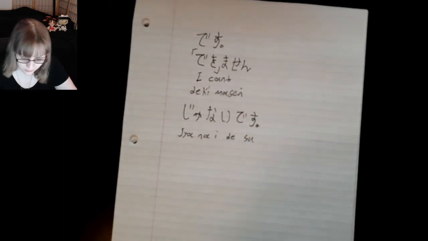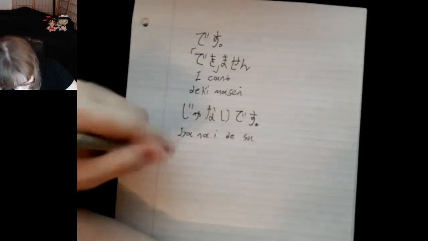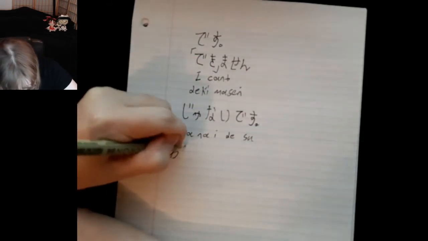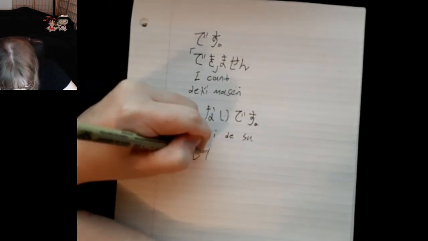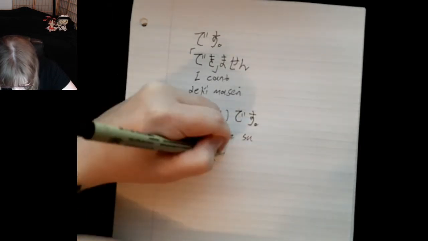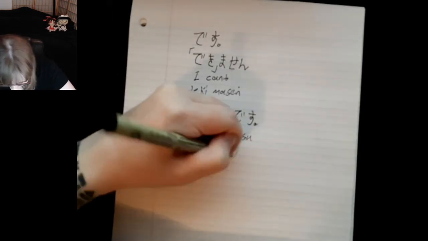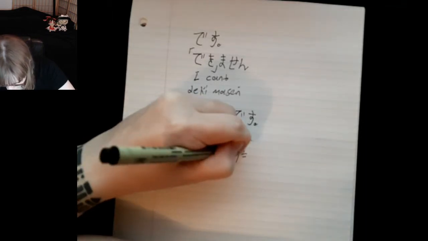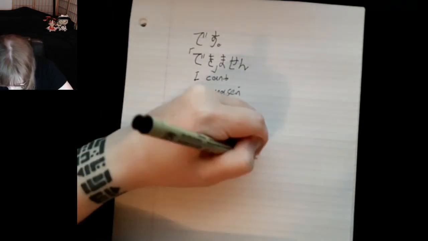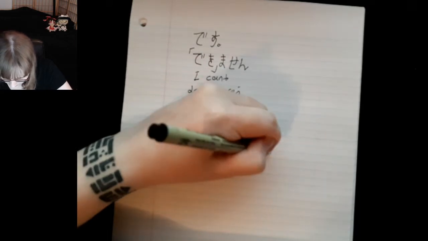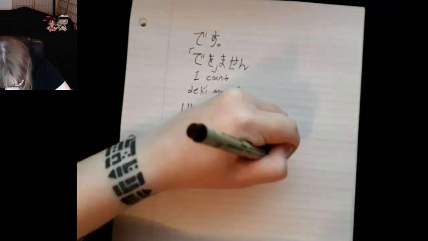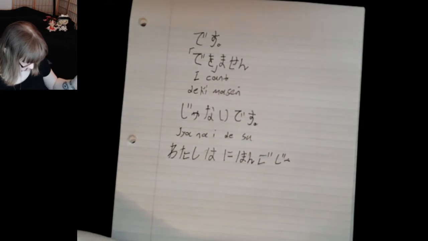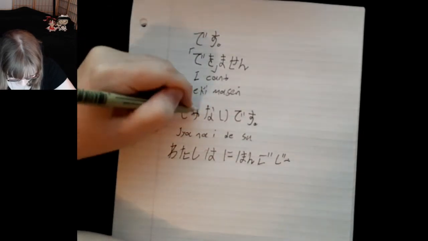So, using this in a sentence, if I was to say, watashi wa nihongo janai. I mean, did I mess up my ja? Oh yeah. I totally did this backwards because I'm an idiot.